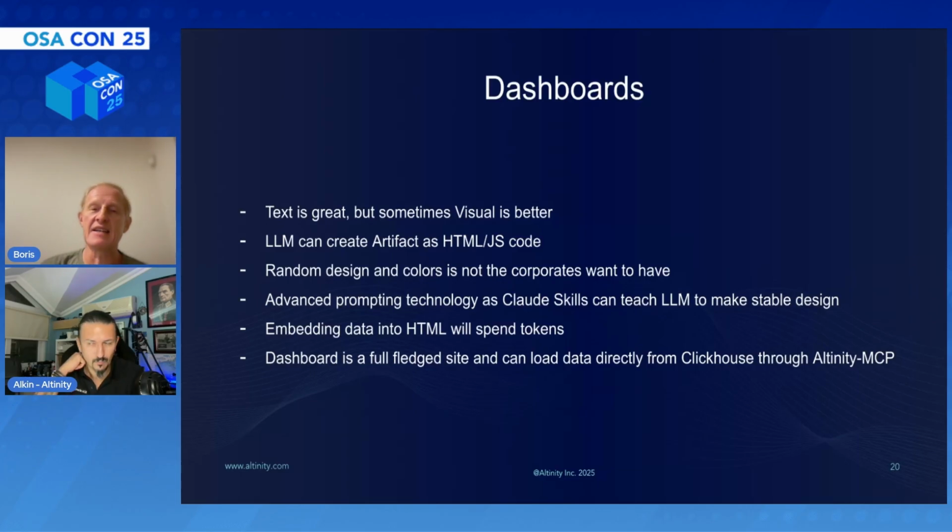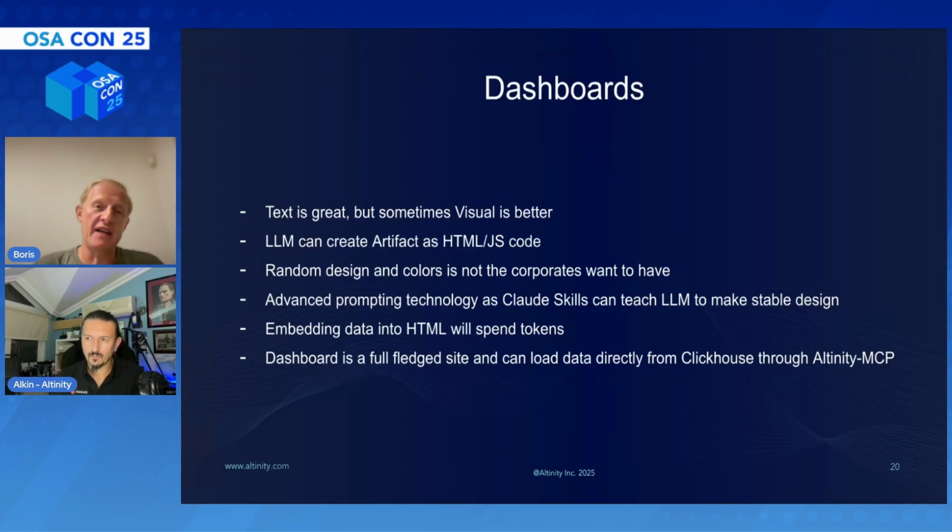That is exactly where Claude skills help us. So it's an additional style of prompting we could use to make the model create a dashboard. And we have two different options. We could embed data directly into HTML, but the data will come through the context window. That's not so good.